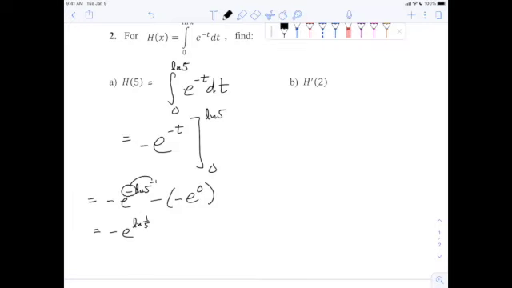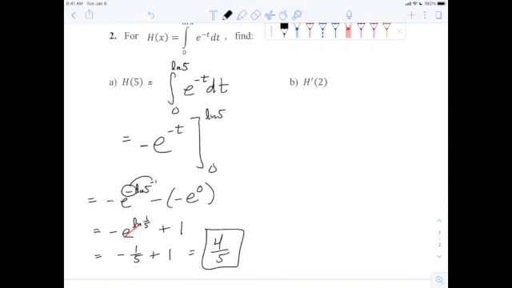And this is minus negative, so that is plus e to the 0, which is just 1. And from there, we can simplify a little bit further because e to the ln, those are inverse operations of each other, and they cancel each other out, leaving you with negative 1/5 plus 1. Final answer, 4/5. Very nice.